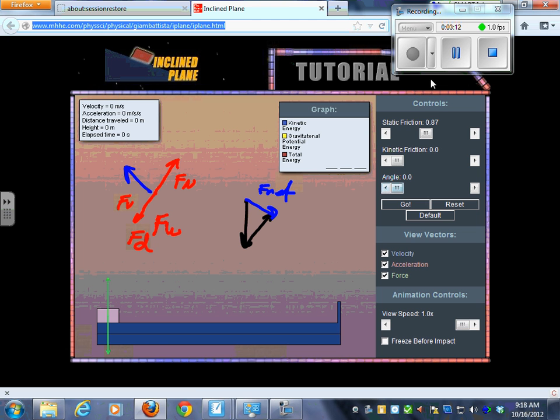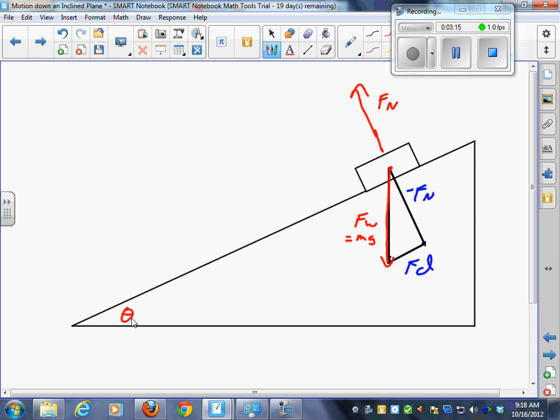So in other words, this angle here and this angle here are equivalent. So I'm going to put a little theta in there as well. Now, quite often I like to show this Fd right here.